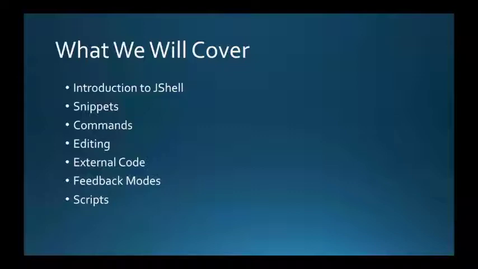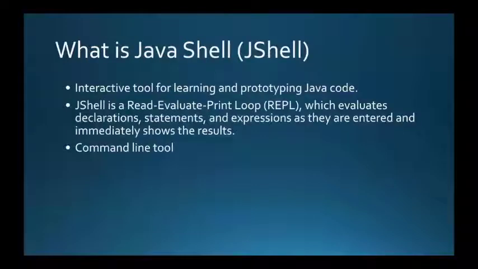We also are going to look at the feedback modes. Those are kind of the echoes that come from when you run your little shell scripts. And we're going to look at how to save our scripts and load our scripts, in case we come up with a cool little script we like, we can export it and then copy and paste it into our actual projects.